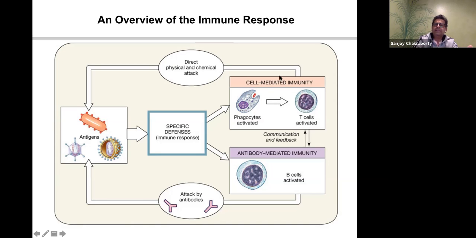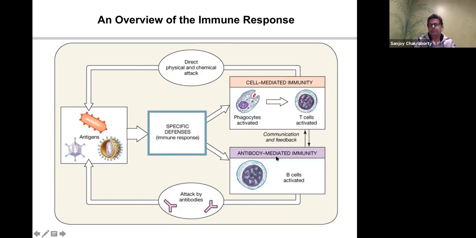When T cells get activated, it's a direct physical and chemical attack, meaning they're directly shooting them. Going back to our example, if they could not defuse the bomb, then B cells produce antibody and kill the antigen. That can also happen. We call it cell-mediated because the cell is participating directly.